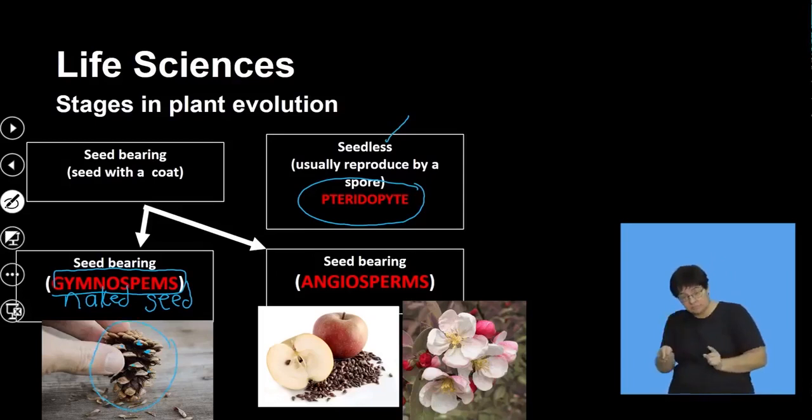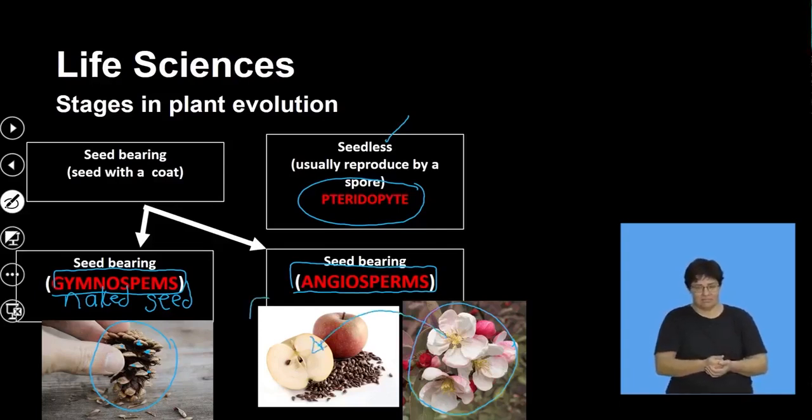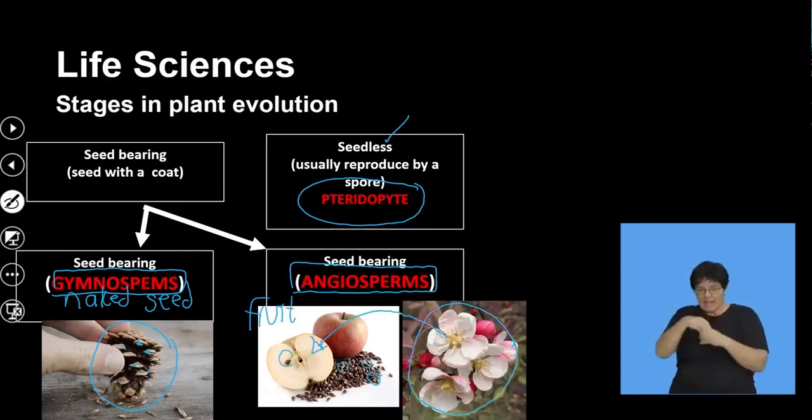Then the other group of seed-bearing plants are these beautiful flowers. This over here is an apple blossom. It's a flower that is going to become fruit. Some angiosperms, look at their seeds, nice and hard, found in the apple over here.